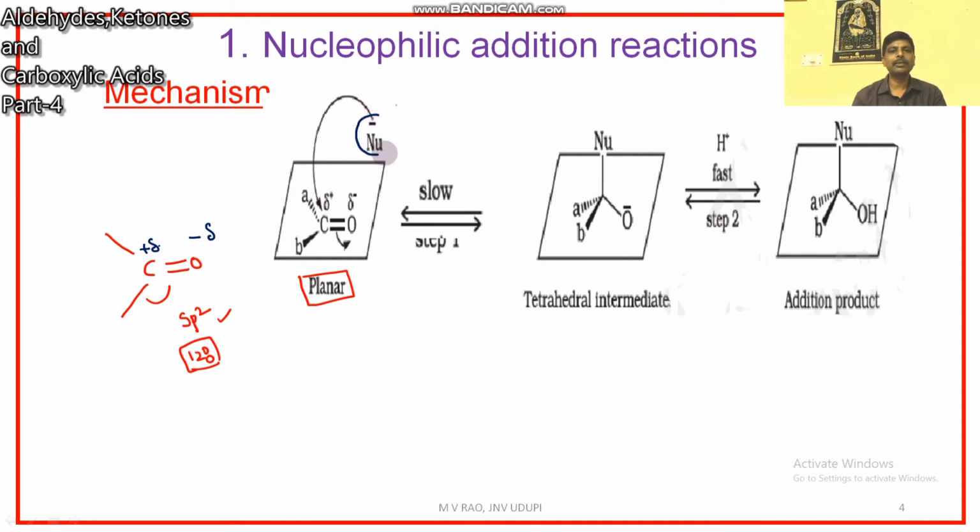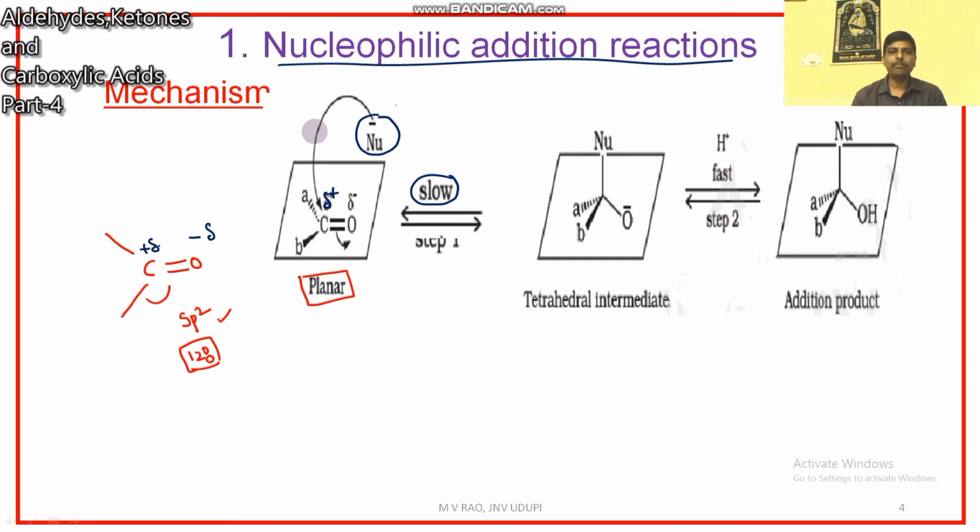That's why the nucleophile will attack carbon, because of this delta plus carbon. This step is the slow step: the nucleophile adds to the carbon. That's why this is called nucleophilic addition reactions.